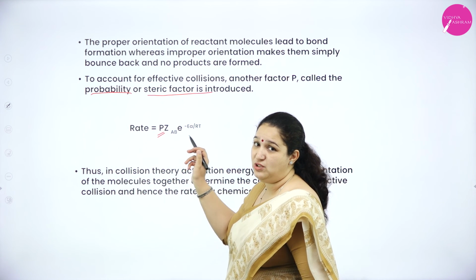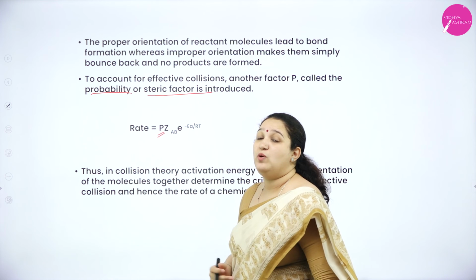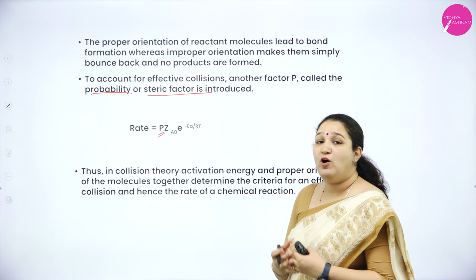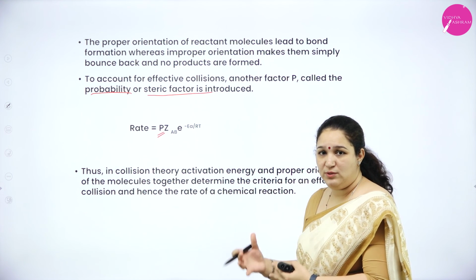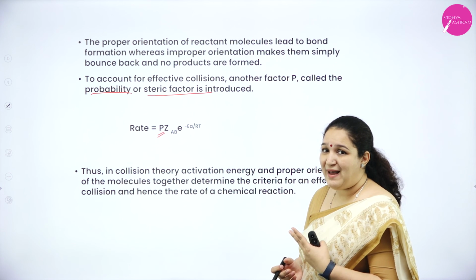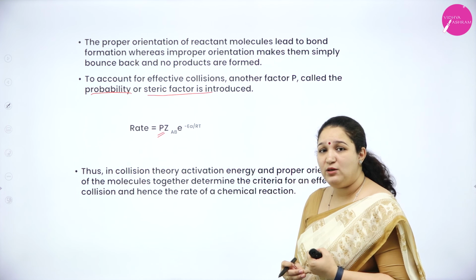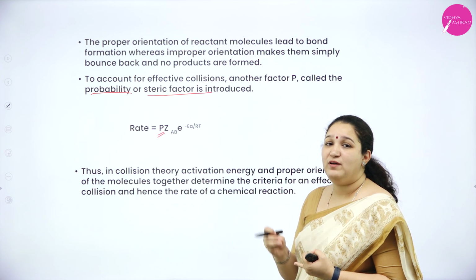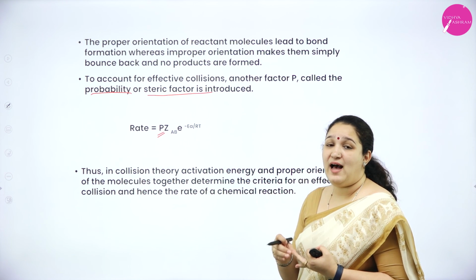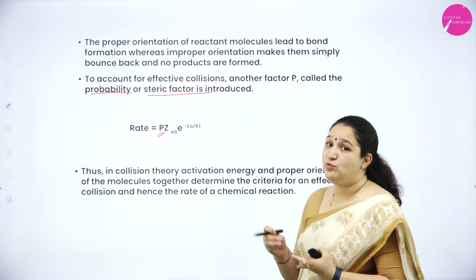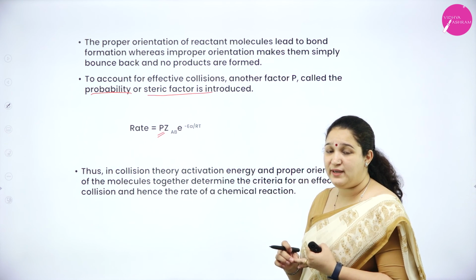That is the collision frequency. So in collision theory, for the formation of the products, both the barriers have to be overcome. That is, the reactant molecules should have activation energy, as well as they have to be properly oriented.